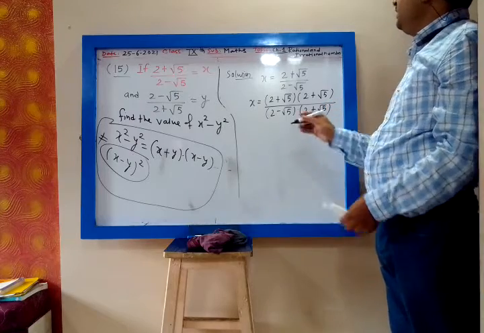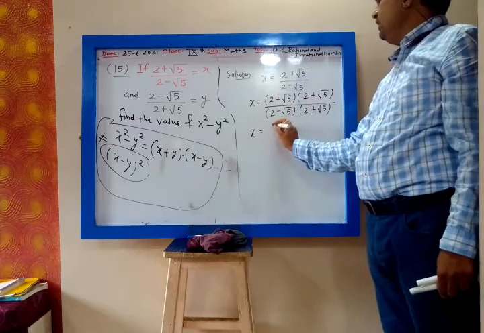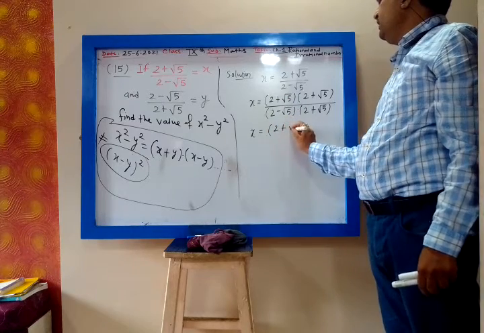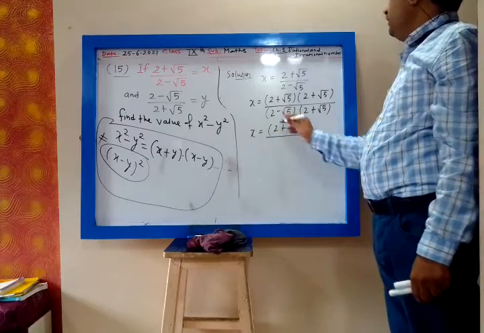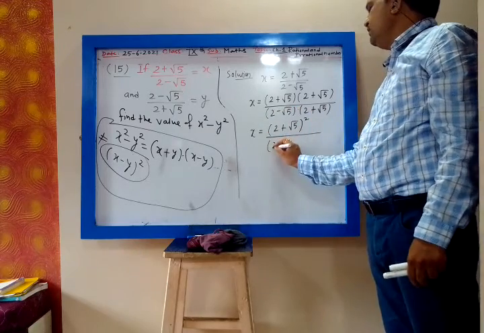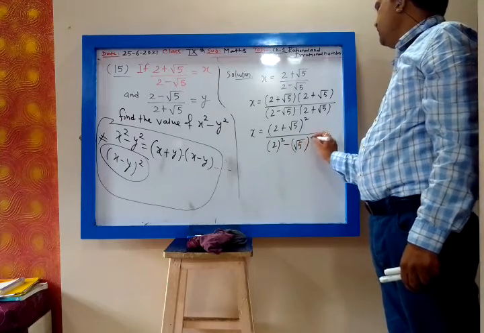We rationalize the denominator. So 2 plus root 5 into 2 plus root 5 will be 2 plus root 5 whole square, upon a plus b into a minus b, that will be a square minus b square.